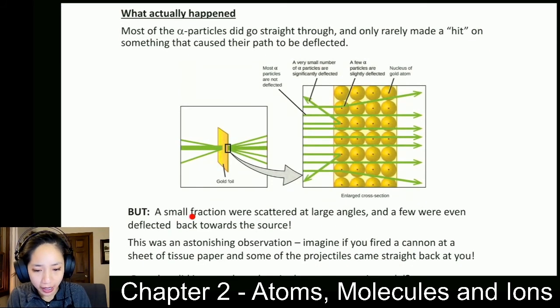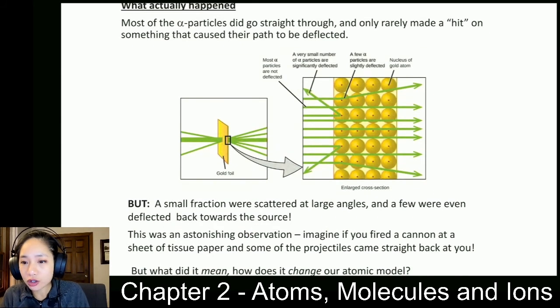And so that's what I have here. A small fraction of those alpha particles were deflected back at a large angle, or deflected backwards. You can just imagine it's like shooting a cannon at a piece of tissue paper, and then some of those cannonballs just come straight back at you.